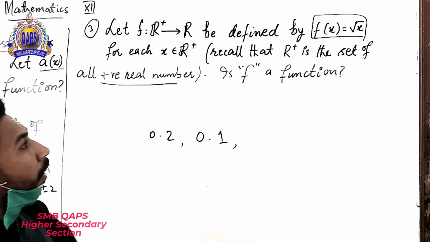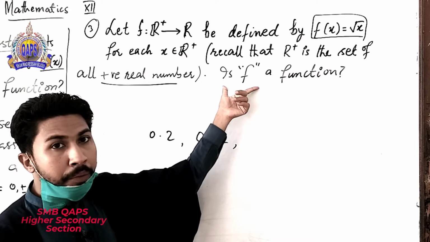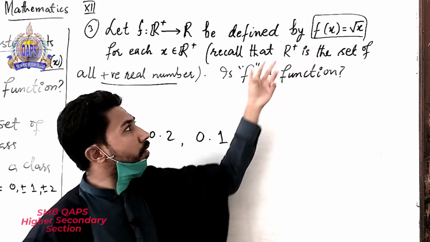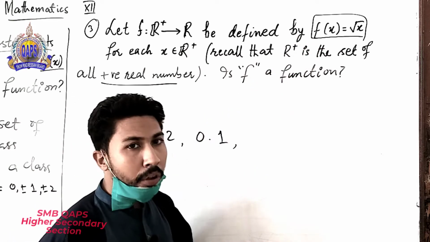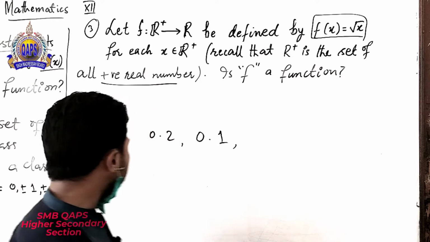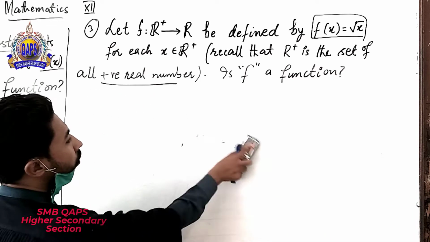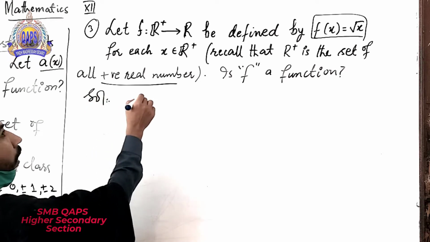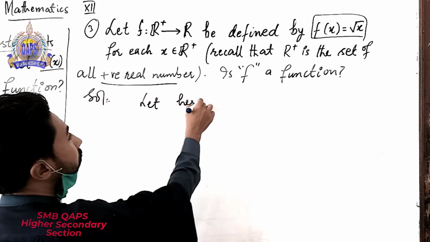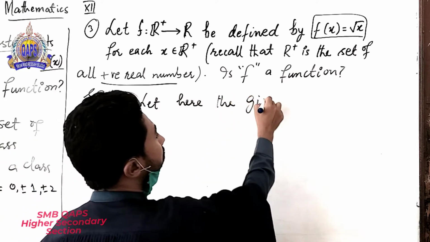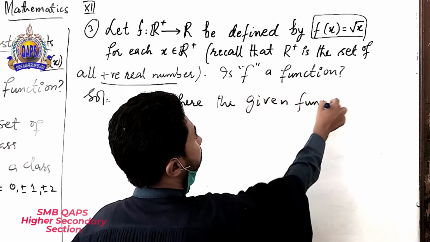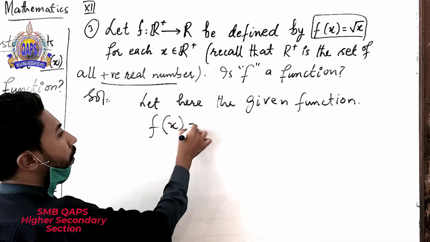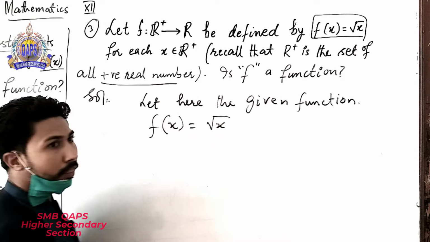Okay, here we have to show whether the given function is a function or not. So now we solve it briefly. Let the given function be f of x equals radical x.